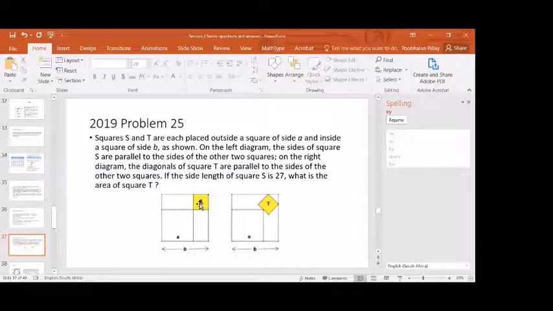Then the sides of square S are parallel to the sides of the other two squares. Okay, that's fine. But on the diagonal of square T, there's another square here.